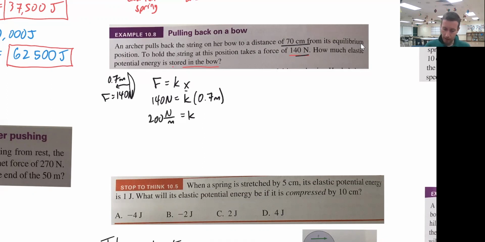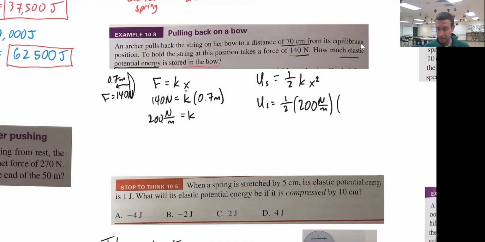Now I can plug into the spring potential energy, because that's what's asked for, the elastic potential energy, equals 1/2 kx squared. U sub s equals 1/2 times k, which was 200 newtons per meter, times x squared. X in this case is the same that she was pulling back, so I don't have to modify it at all.